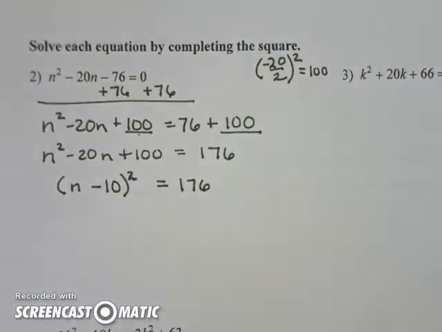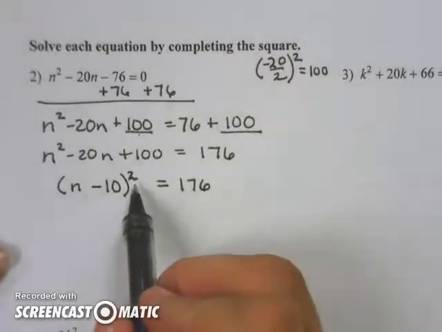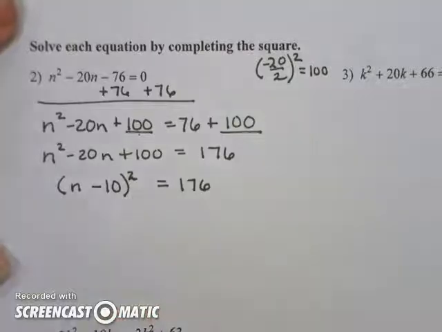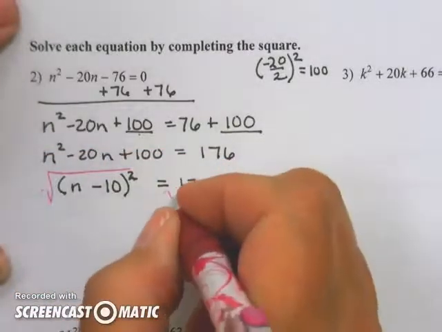To finish solving this, I now need to work at getting the n by itself. I must isolate it. To isolate the n, I need to start on the outside and work my way in. On the outside, I see the square. Well, the reciprocal operation for squaring something is taking the square root. So I am going to square root both sides.